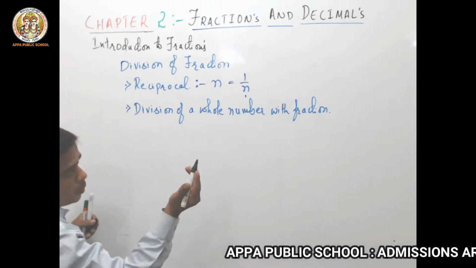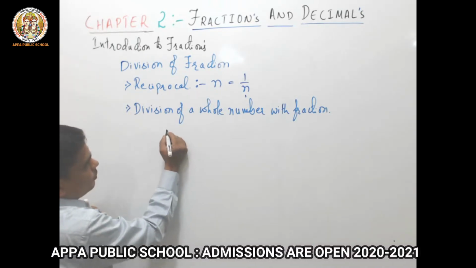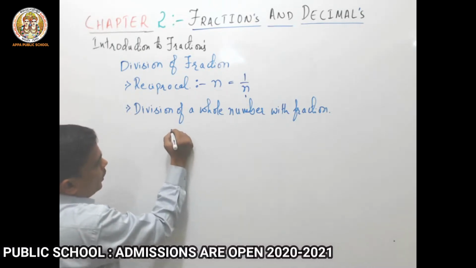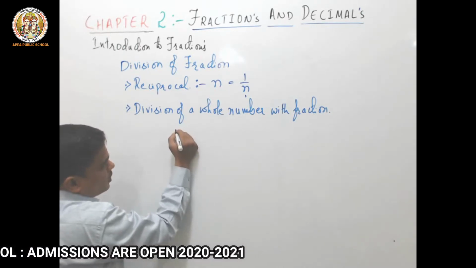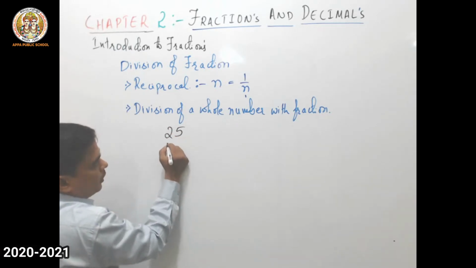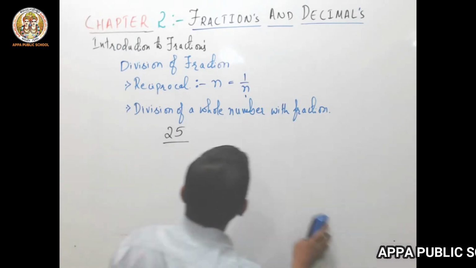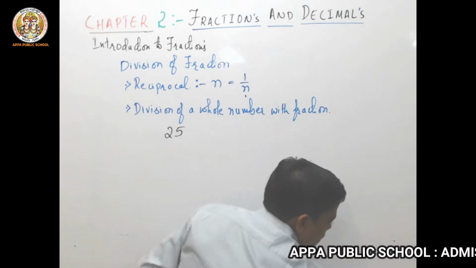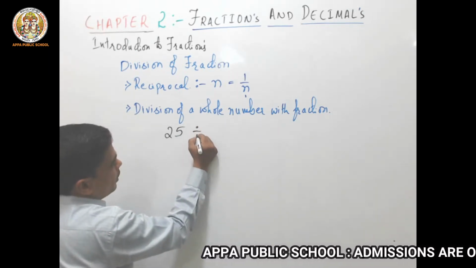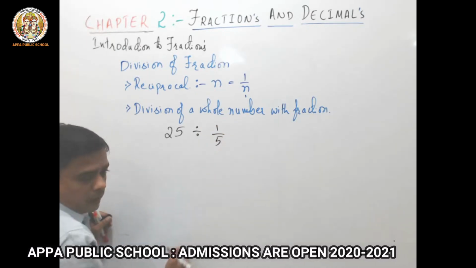Suppose I take an example, division of a whole number with a fraction. So here I will take a number as 25, divided by a fraction, I will take the fraction as 1 by 5.